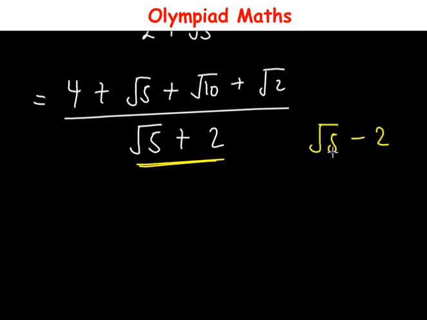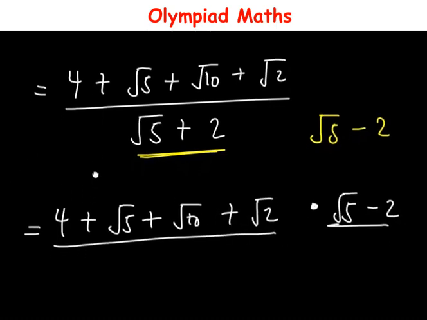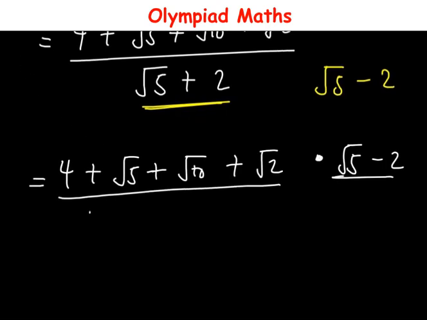So multiply this value with the numerator and also the denominator, shows that this is then equal to 4 plus root 5 plus root 10, then plus root 2 multiplied by root 5 minus 2. Okay, then same thing also for the denominator. We have root 5 plus 2 multiplied by root 5 minus 2.